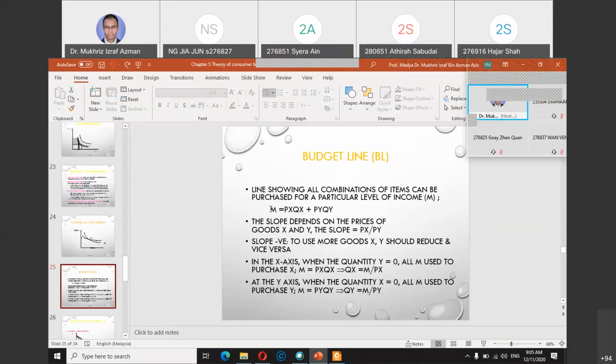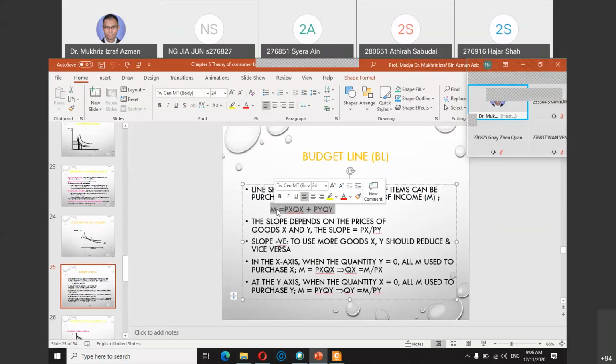Okay, and the formula to draw a simple budget line is this simple equation. M is the income level. That's why I used the notation M previously, because for this topic, usually we denote income as the symbol M. You can use other symbols, but some textbooks use the symbol M for the income level.